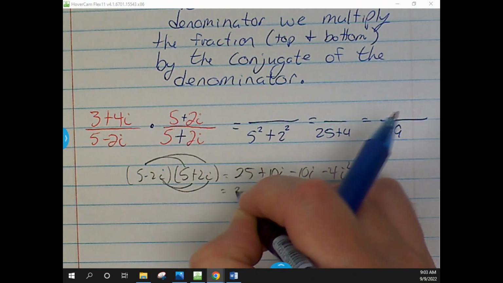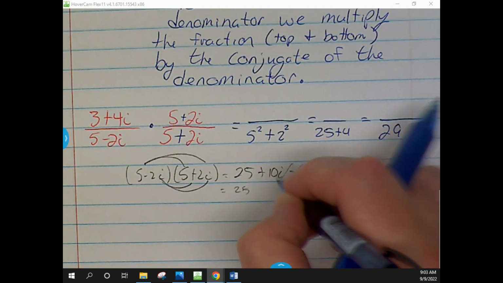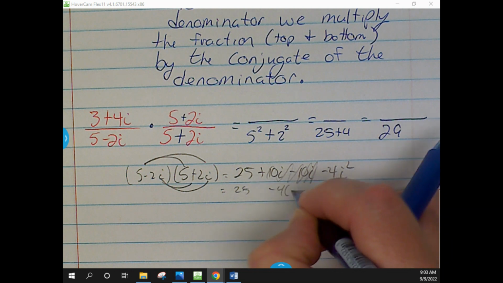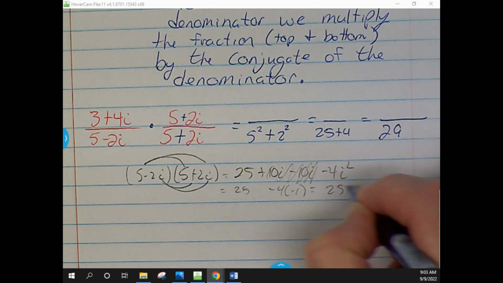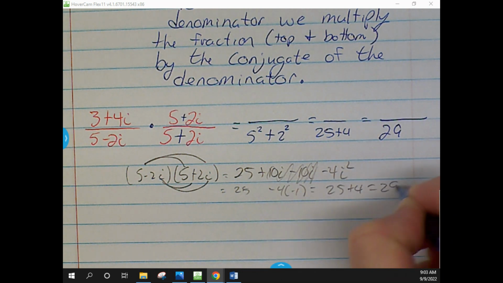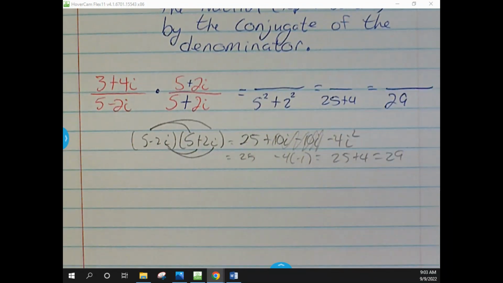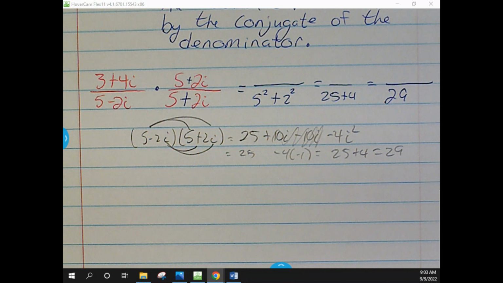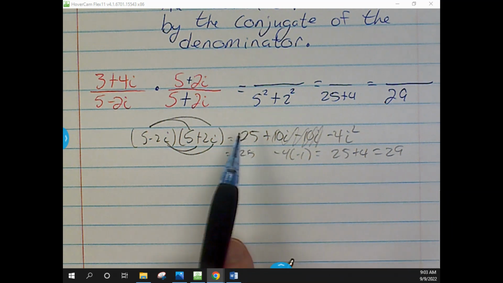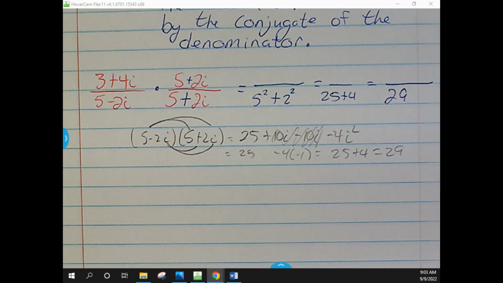Then you simplify it because these are going to cancel each other out, and eventually you get to 29. So if you know the shortcut, this is going to be a huge help because you get to do just the first number squared plus the second number squared. It's not necessarily the i that you're going to square, you're just going to square the number itself.